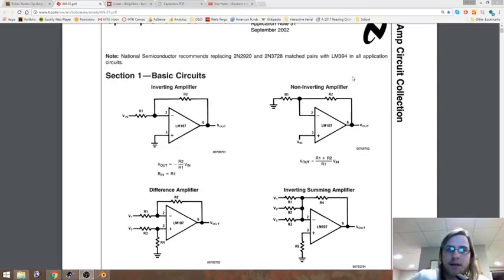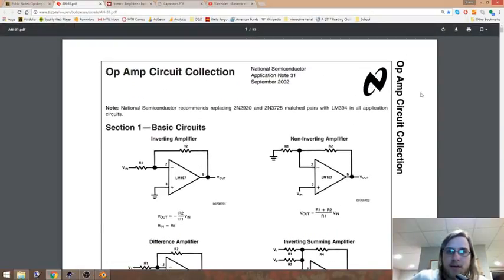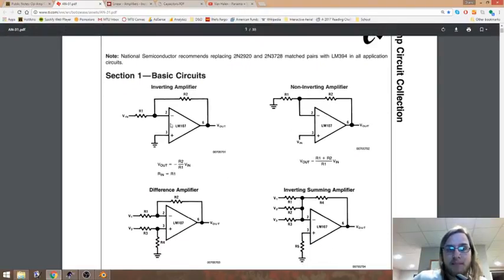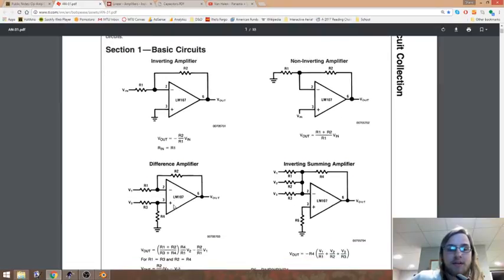But a document that I like to reference is this National Semiconductor document that has a bunch of circuits, and National Semiconductor knows what they're talking about. So I think that this is a really decent, comprehensive reference. And it starts out with most of the ones that we just talked about. So here's our summing amplifier, this is just your gain, and right here's our difference amplifier.